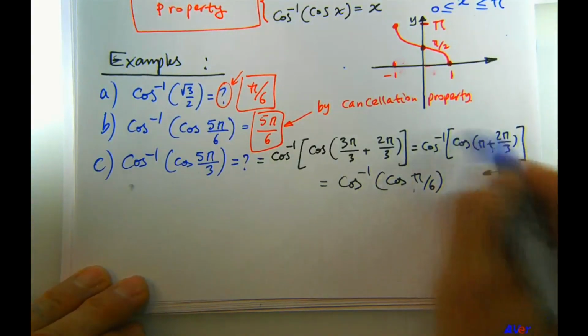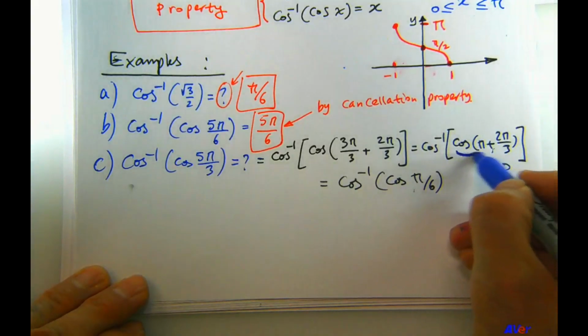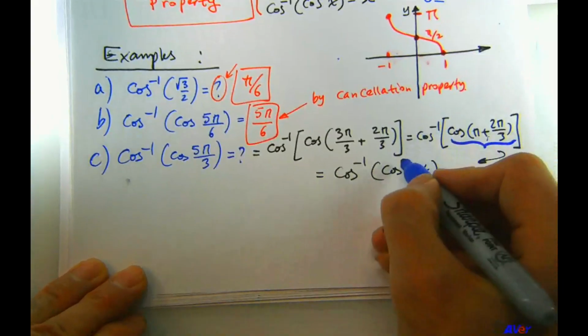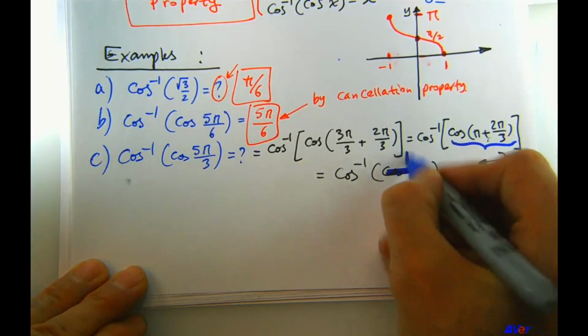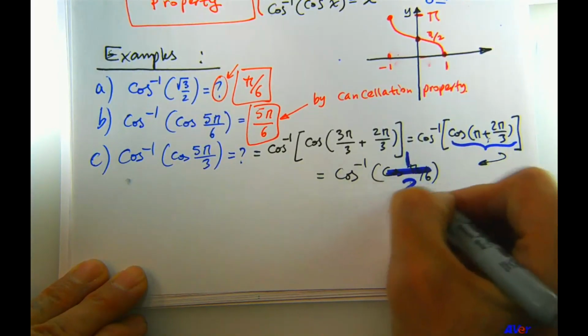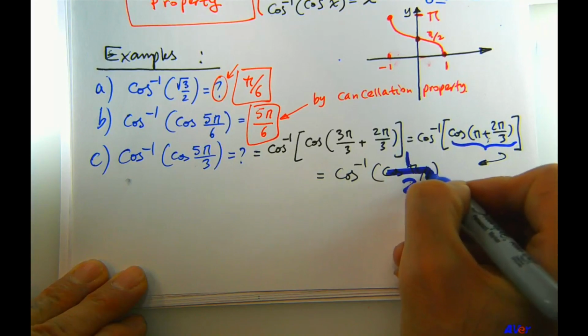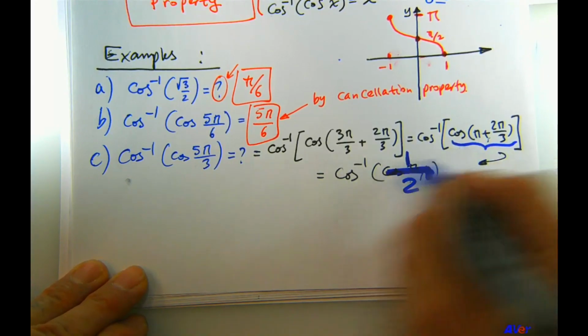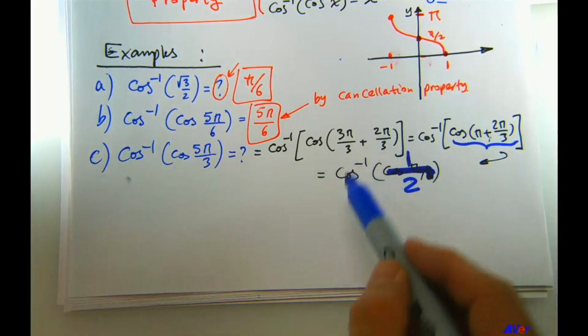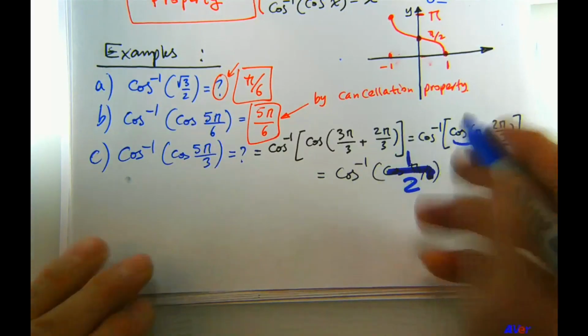So please disregard this minus because we're in the fourth quadrant, and so this will be positive. So this whole thing is 1 over 2. We're taking the inverse cosine of 1 over 2.